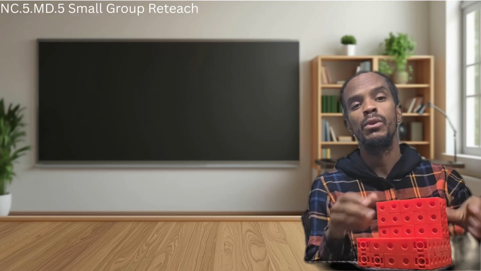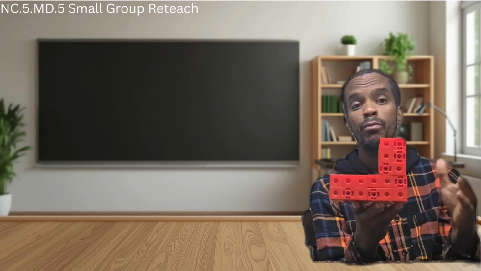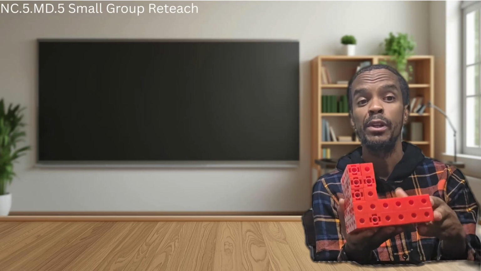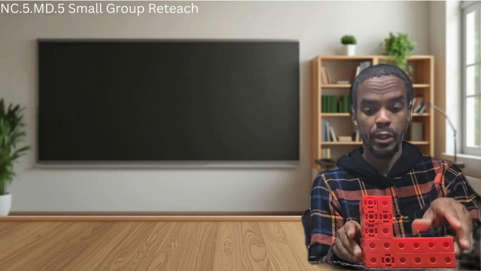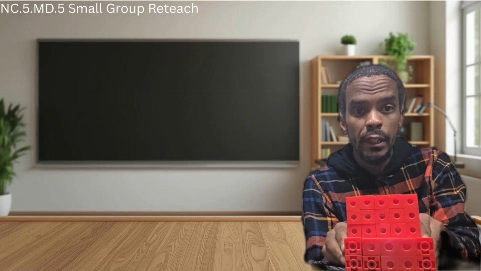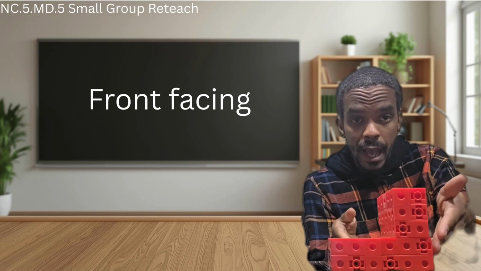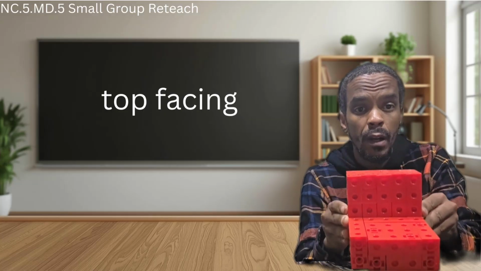Let's get into it. So we need to find the volume of this composite figure. And right now, we need to turn it into 2 rectangular prisms so that we can apply our dimensions, okay? So in this case, we're looking at it front-facing. This is what we would call side-facing. And this is what we would call top-facing, all right?